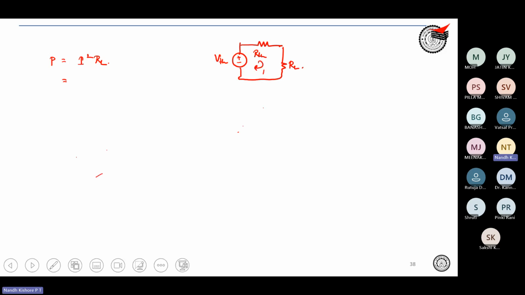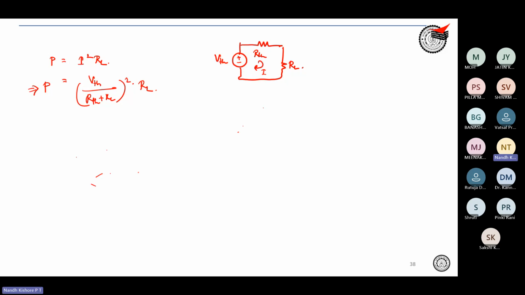So what is the maximum power? So the power is I square RL, right? So the network was something like this: VTH, RTH, RL, right? So I is basically how much? VTH by RTH plus RL, the whole square. Okay, this is your power.